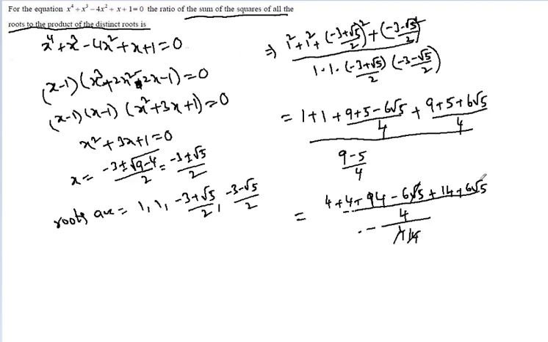The 6 root 5 terms cancel. That is 14 plus 14, 28, 32, 36. 36 by 4 is equal to 9. So the ratio of the sum of the squares to the product of the roots is 9.